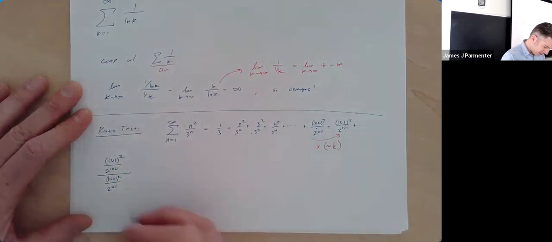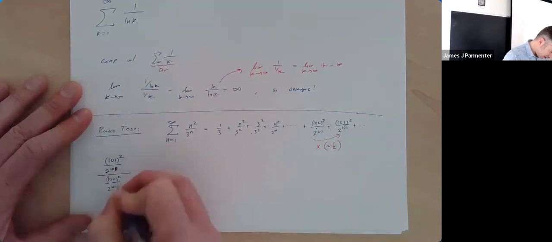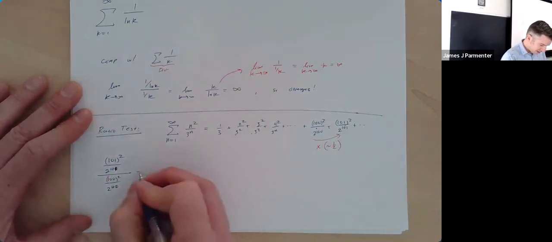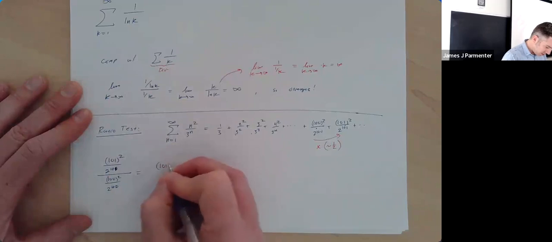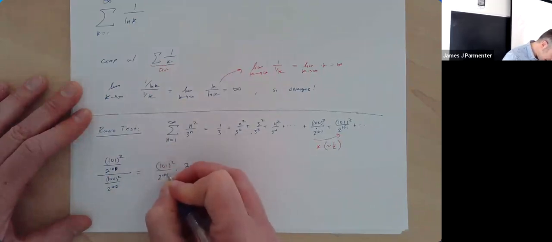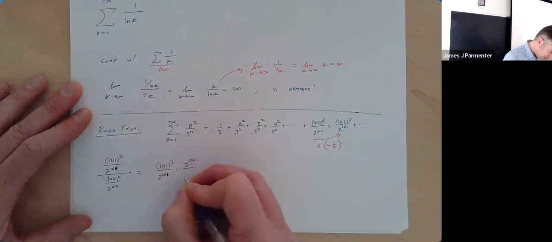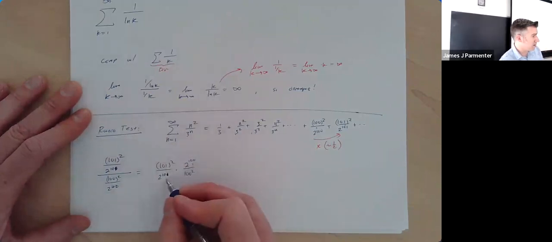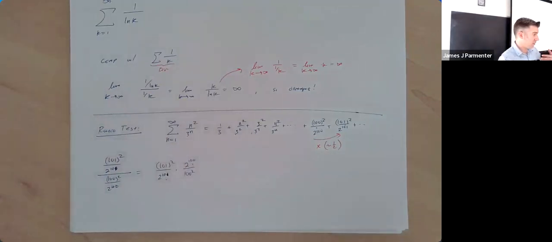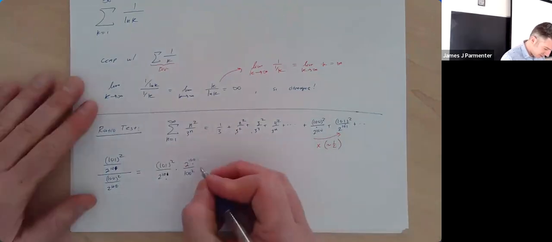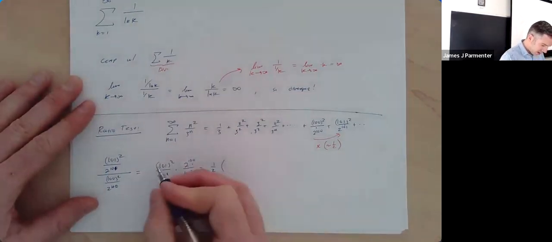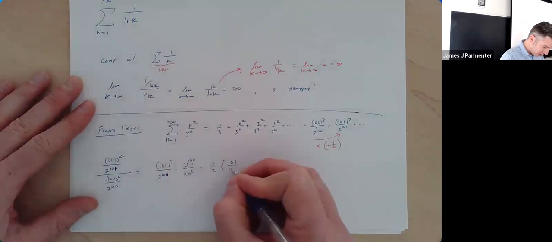Flipping and multiplying, I've got 101 squared over 2 to the 101 times 2 to the 100 over 100 squared. 2 to the 100 over 2 to the 101 gives me a 1/2. All those 2's cancel out, and then you're left with 101 squared over 100 squared.